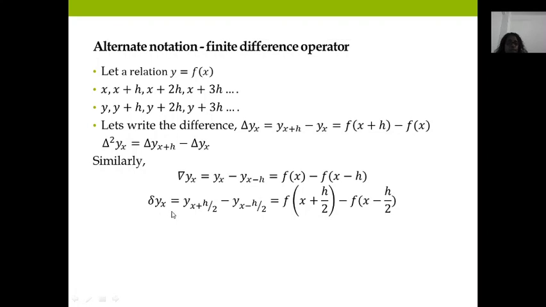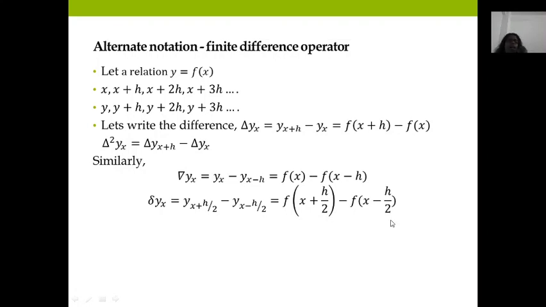Similarly, the central difference operator delta y of x is based on the values at x plus h by 2 and x minus h by 2, so it can be written as f of x plus h by 2 minus f of x minus h by 2.